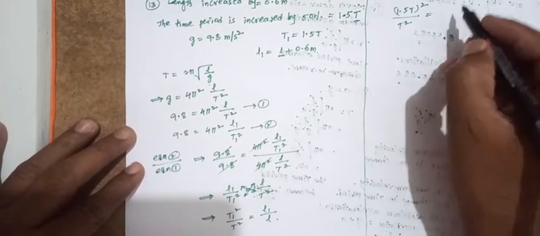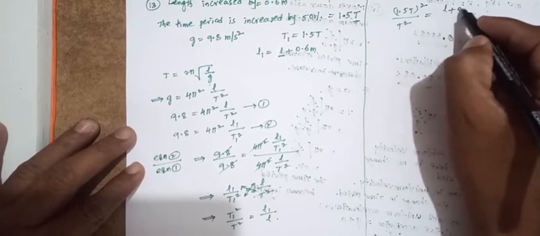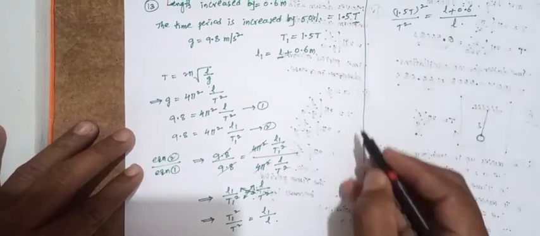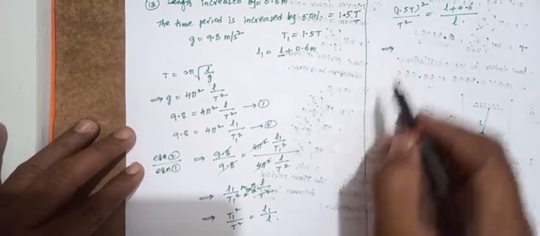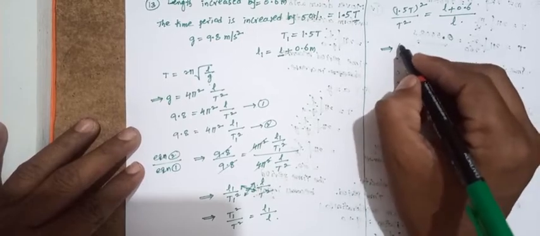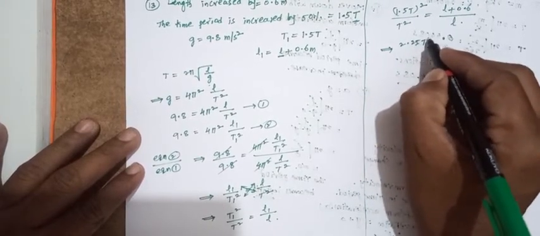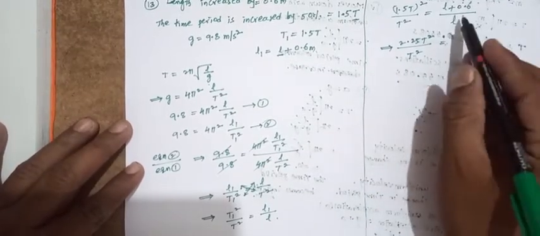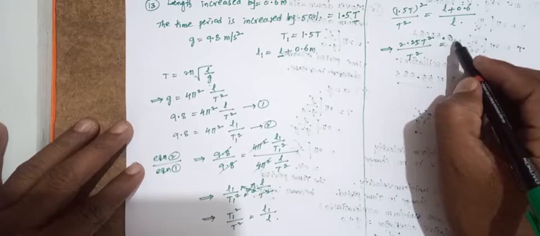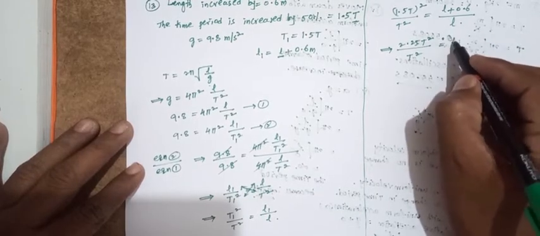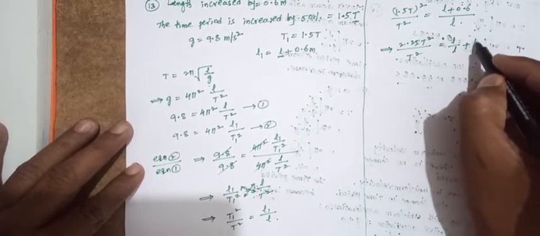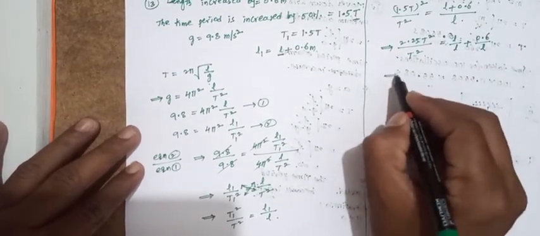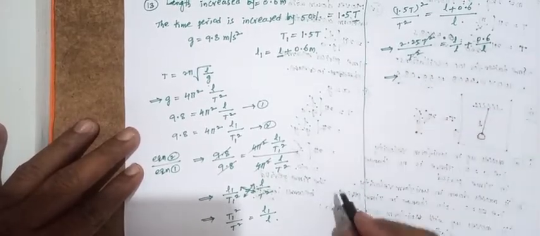L1 equals L plus 0.6, divided by L. Here 1.5 whole square equals 2.25, so T square by T square equals L by L plus 0.6 by L. T square gets cancelled.